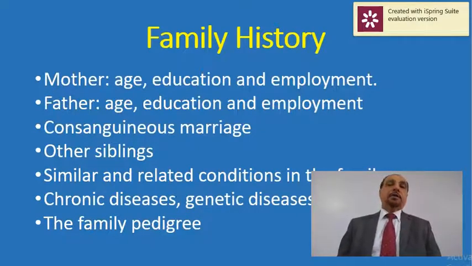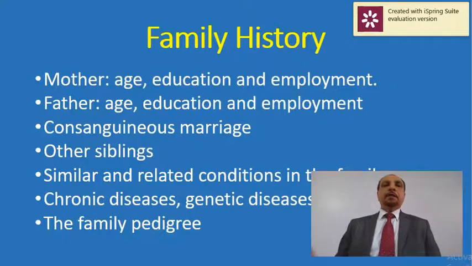One of them is the autosomal recessive, for example, most of the diseases of inborn errors of metabolism. We ask about consanguineous marriage to be sure whether this is a congenital or a hereditary disease.